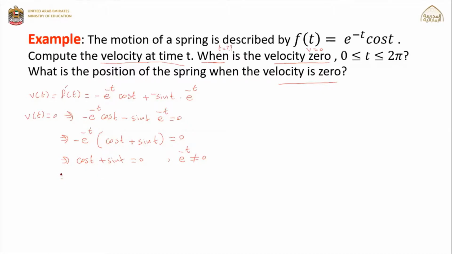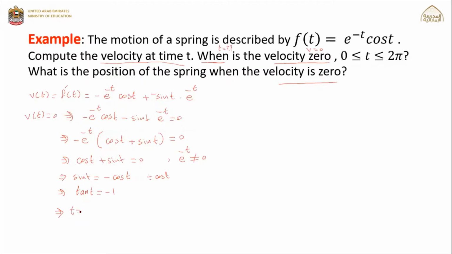What's the meaning of that? The meaning is sine t equals negative cosine t. If I divide by cosine t, so tan t equals negative 1. Which angles between 0 and 2 pi have tangent t equal to negative 1?